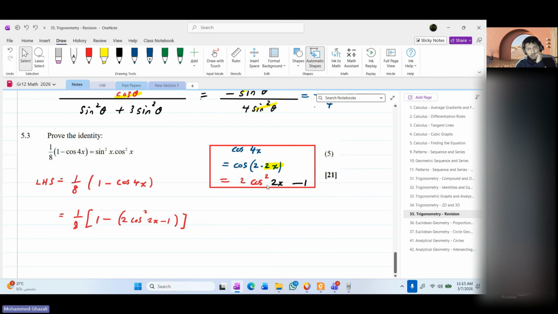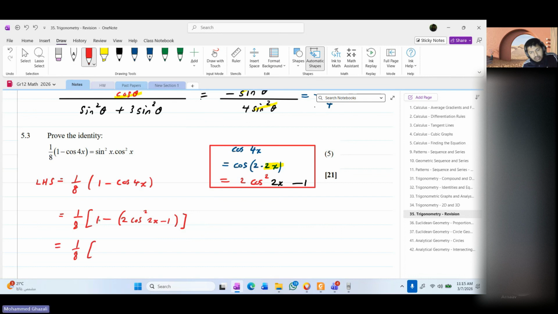Now I want to know what is cos 2x. You still got to replace this part also, guys. See here. So far what I can see is 1 minus 1. That's going to become 2. 1 over 8.